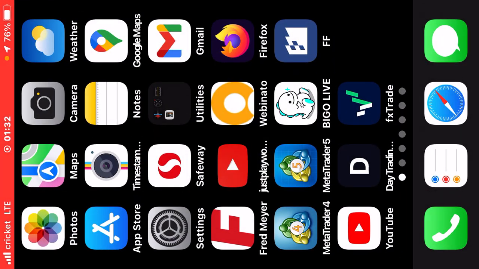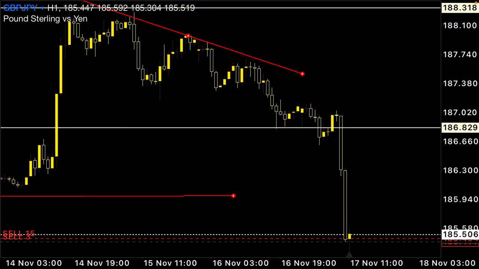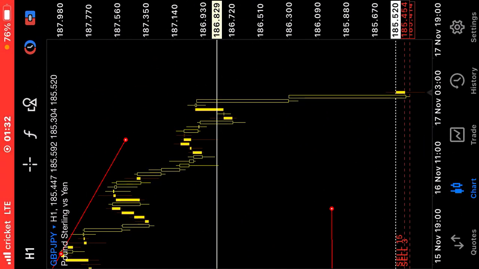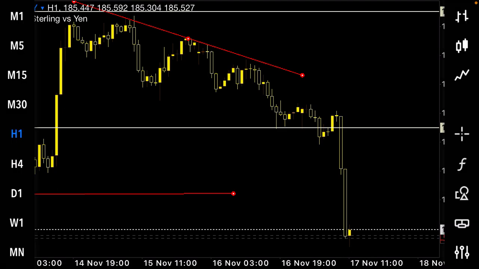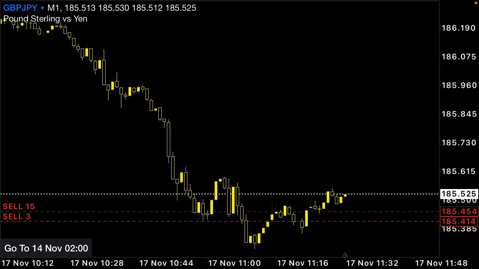But a lot of traders are inexperienced and don't know how the market functions. They'll come to the 1 minute chart right here and see if they can jump in and catch a couple pips, maybe 10 pips or so.